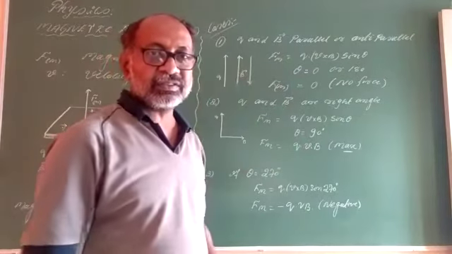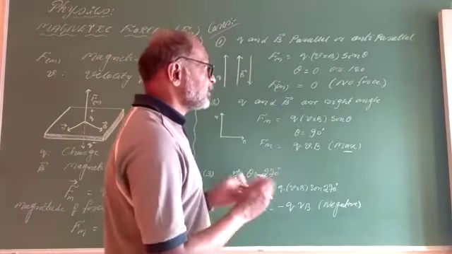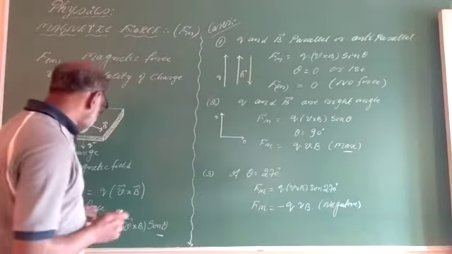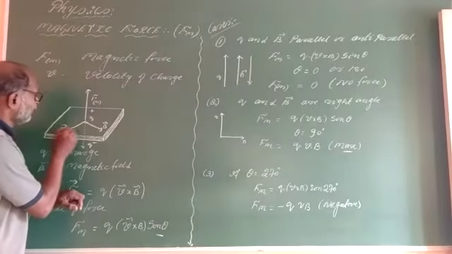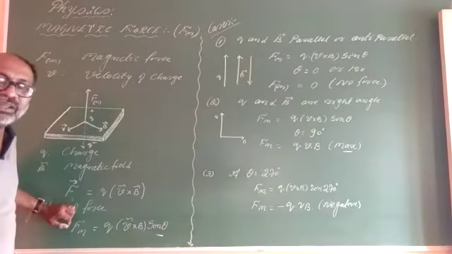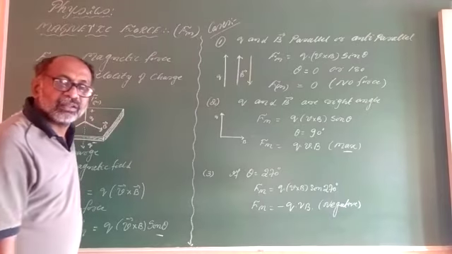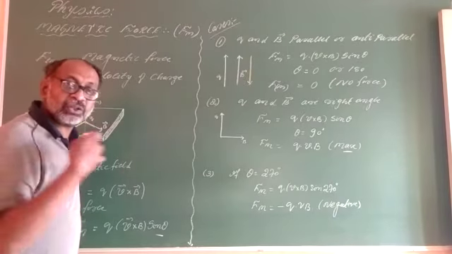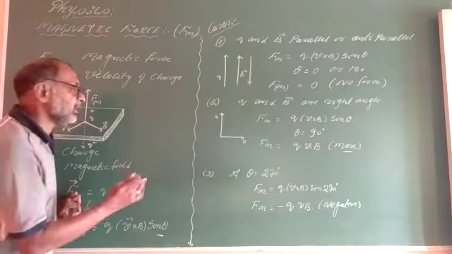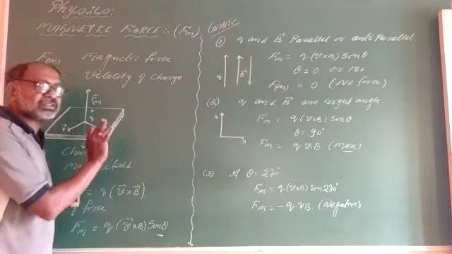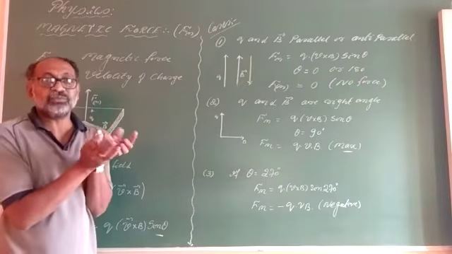Let us consider the last case here. The velocity is not at all there. It is a static condition. It means that Q is just in a static condition, not moving at all.